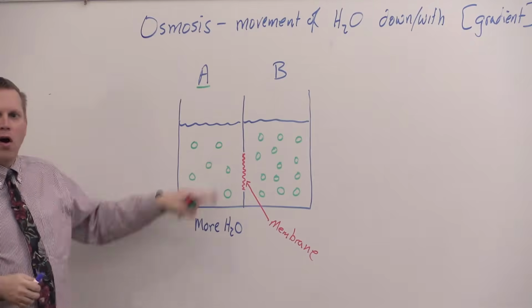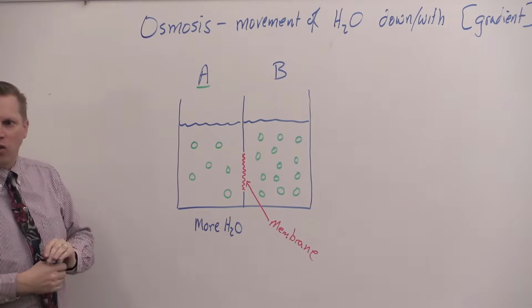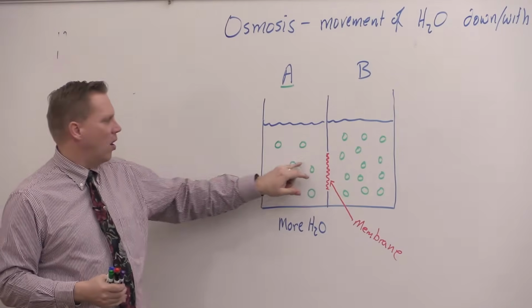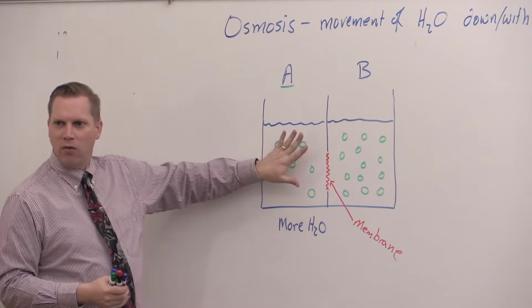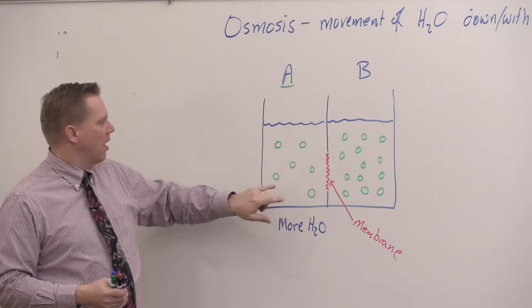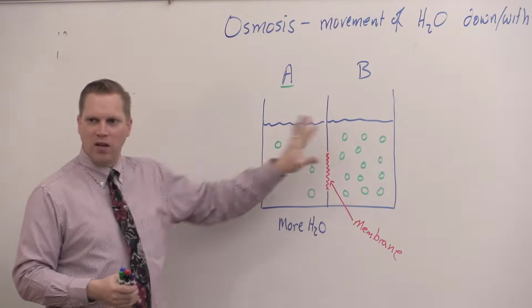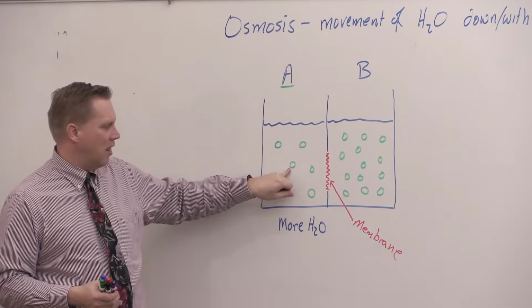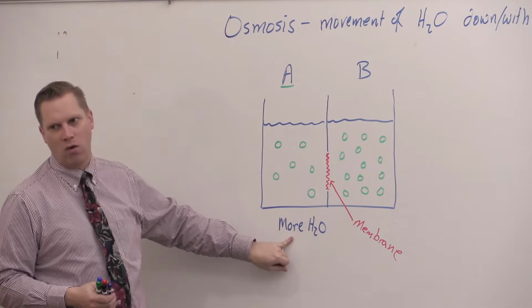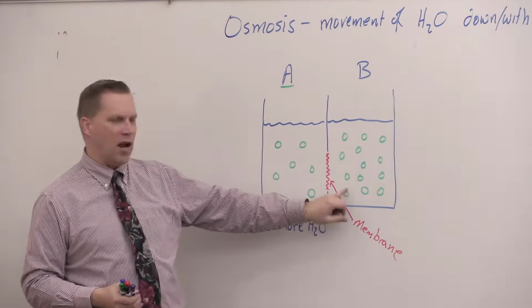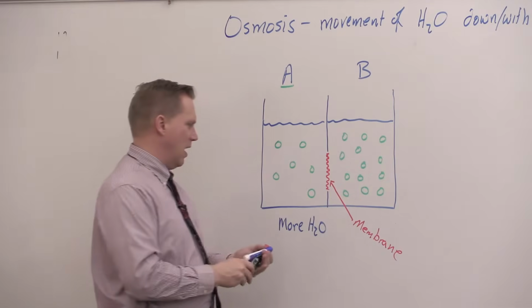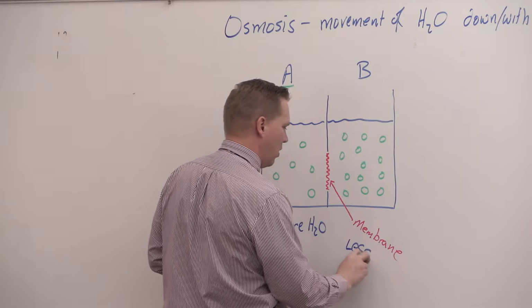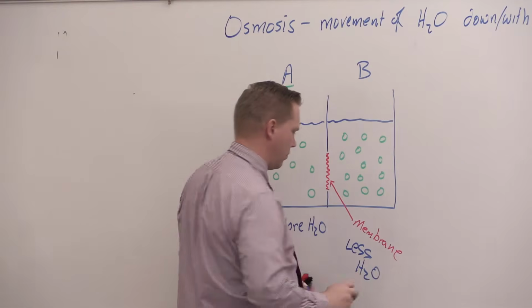Because the total volume here is made up of two things, the volume of water and the volume of all these green solutes or particles that we put in there, right? So, if the volumes are the same on each side, this one has fewer solutes and therefore must have more water. Over here we had more solutes, and so consequently on this side we would have less water.